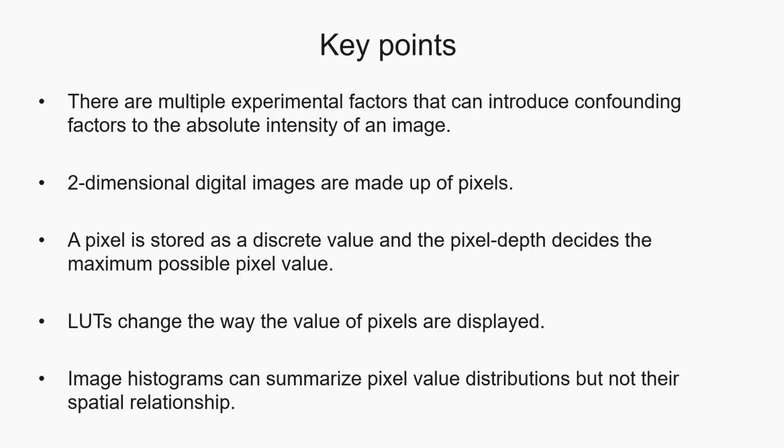Lookup tables change how images are displayed without changing the underlying data. Finally, histograms provide useful summaries of pixel value distributions, but contain no information about the spatial organization. Understanding these principles will help you make more informed decisions as we move into visualization, quantification, and analysis in QuPath.